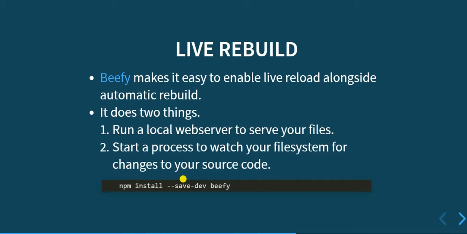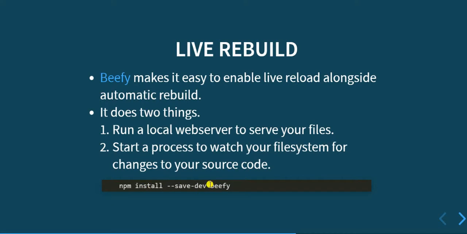Live rebuild. Beefy is another plugin that enables live reload alongside automatic rebuild. So it does two things. It runs a local web server to serve your files, and also it watches through your file system for source code changes. So npm install --save-dev beefy.